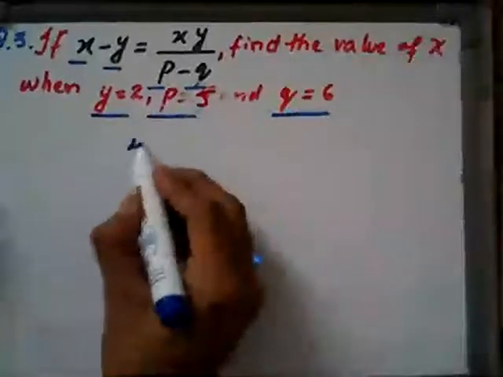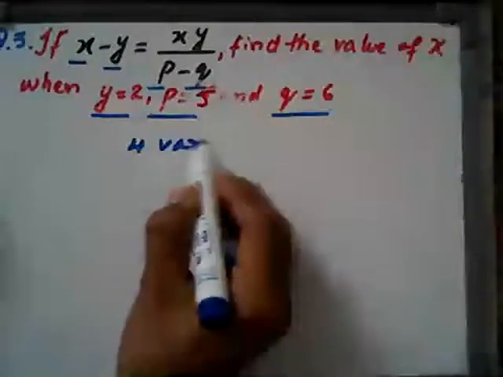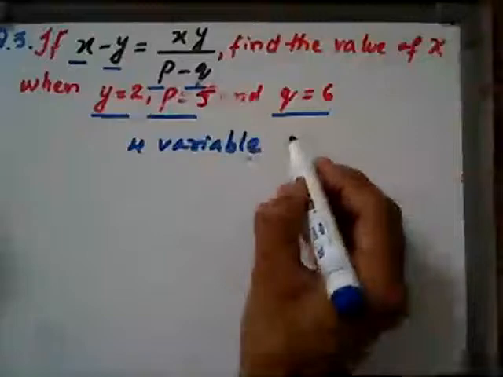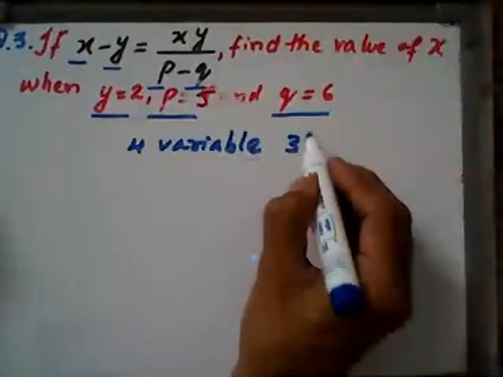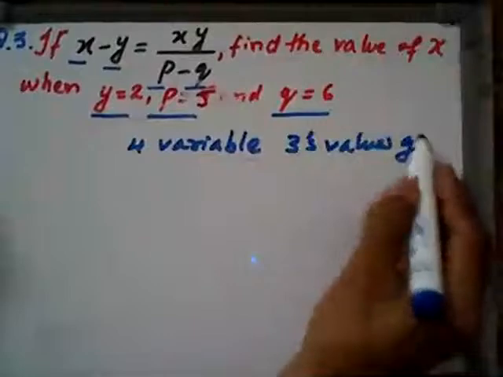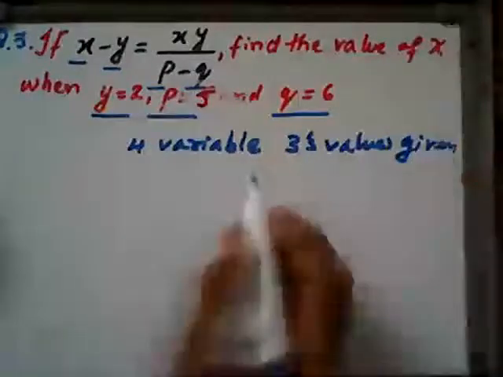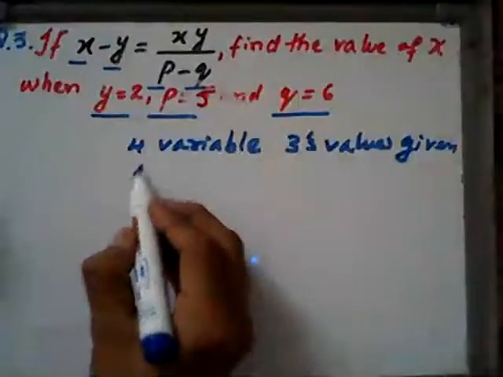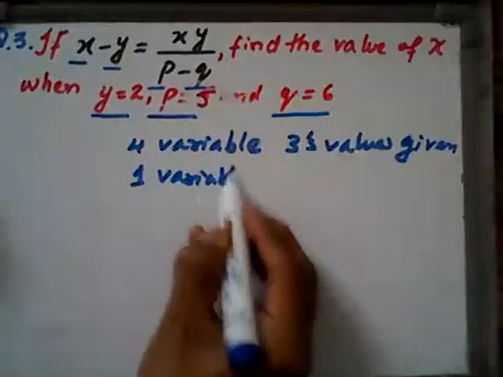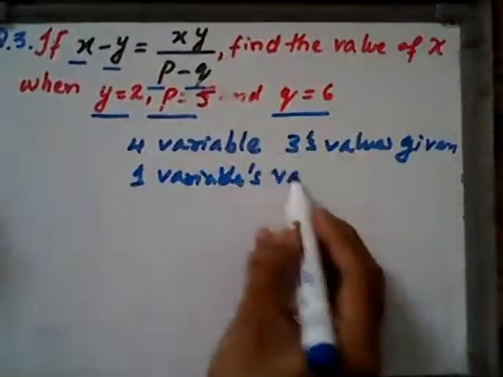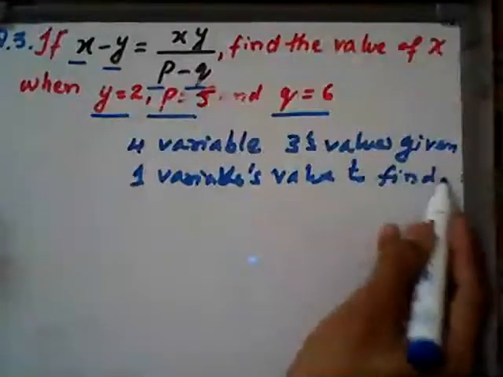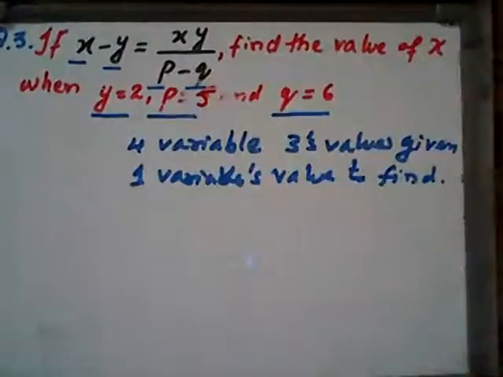We have four variables and three values given, so only one variable remains, which means one variable's value is to be found.